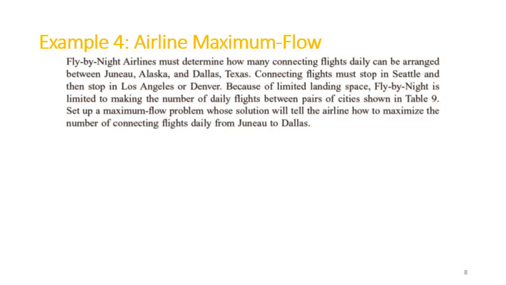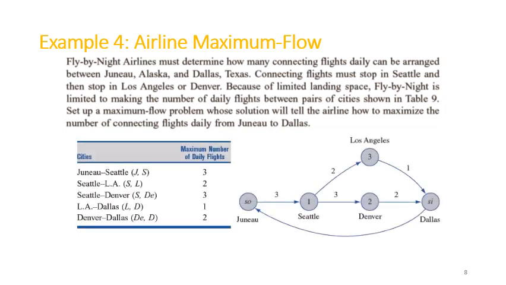The maximum flow problem doesn't always have to be about flowing liquids through a network of pipes. It can be about trying to have as many planes as possible flying from one city to another. So that's what this example shows. We have two cities.